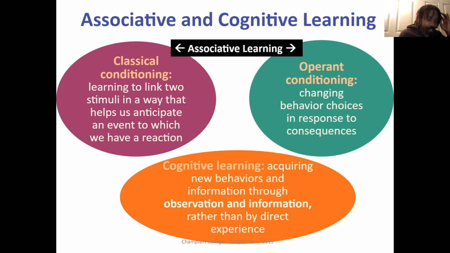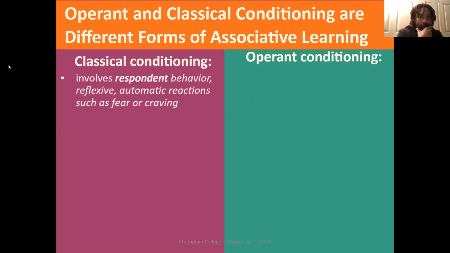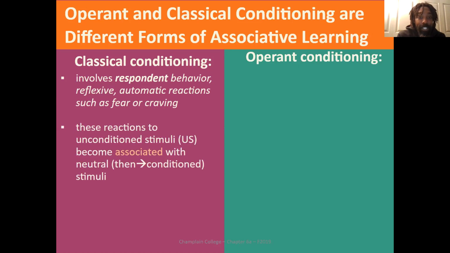Okay, let's move along. So, operant and classical conditioning are different forms of associative learning. Let's take a look at both of them. Classical conditioning involves respondent behavior, reflexive automatic reactions such as fear or craving. Respondent behavior sounds like the word responding: a reaction to. These reactions to unconditioned stimuli become associated with neutral, then conditioned stimuli.